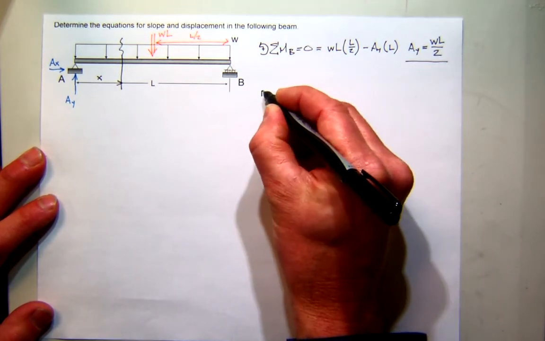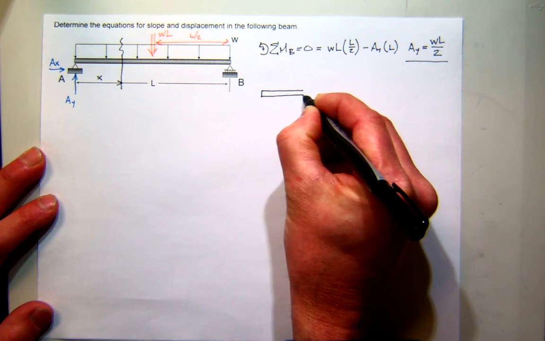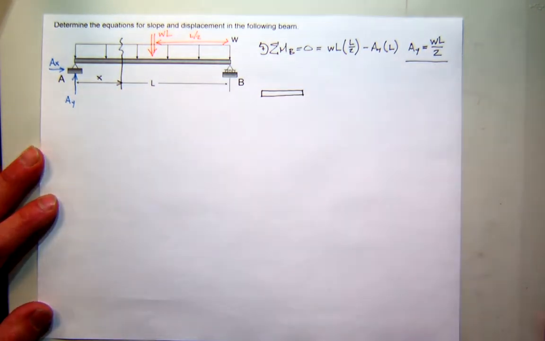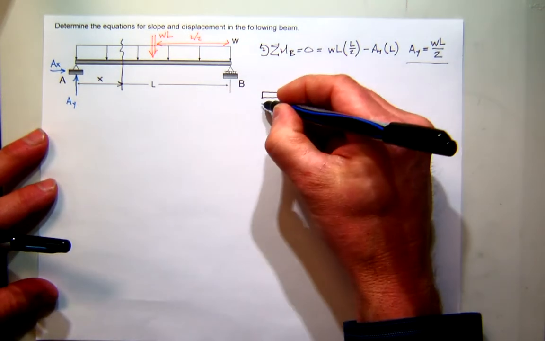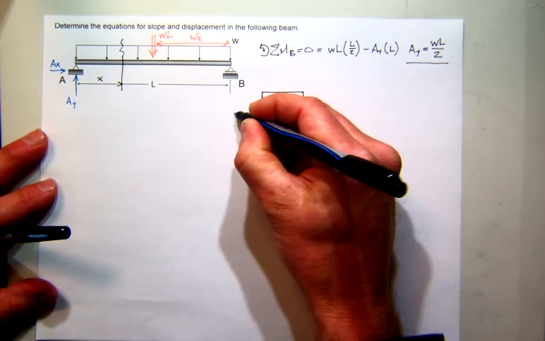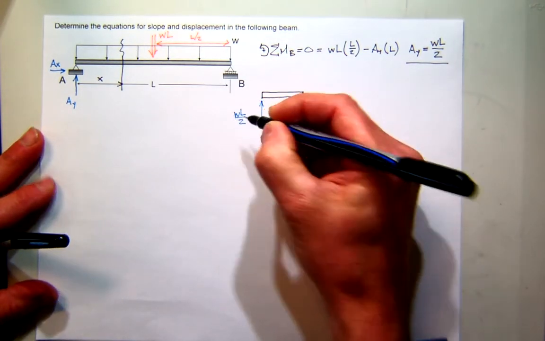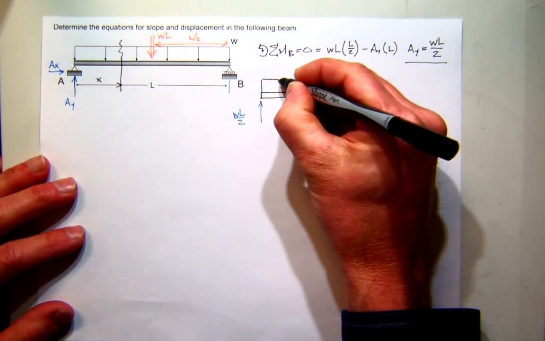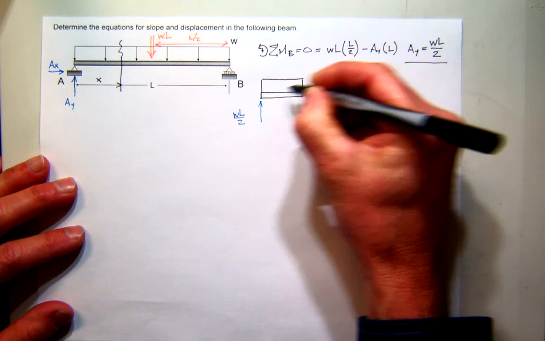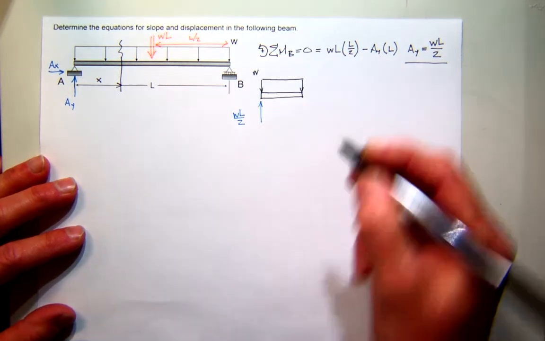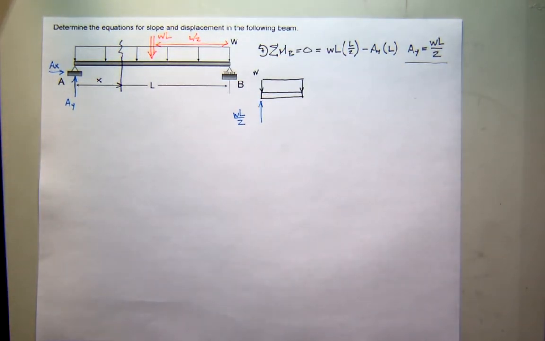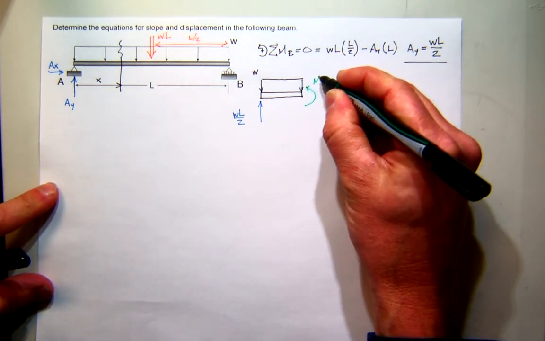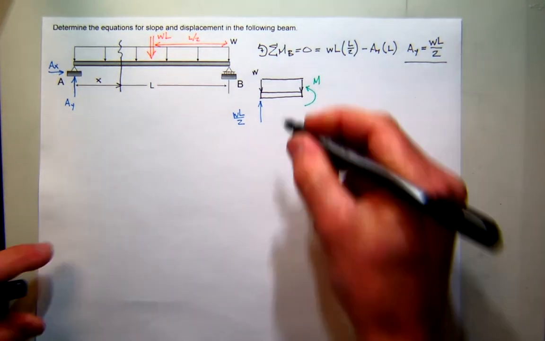So now, give me a second. I'm going to quickly redraw the free body diagram for this little chunk, the left side. I'll go ahead and put in my reaction, WL over 2. And we will have the distributed load, intensity W. And we're interested now in just the internal moment here, M, at a distance x.